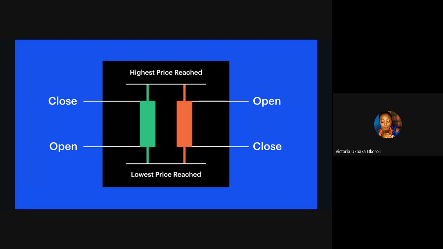You just open up your phone and check: what happened in the past 1 hour or the past 2 hours? And see if you can predict what's coming next.